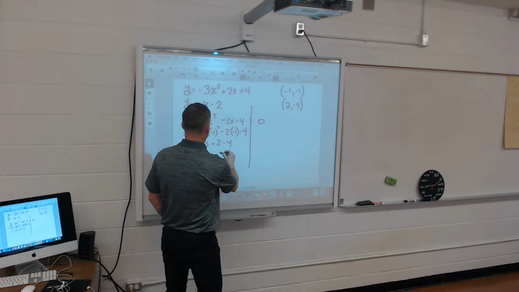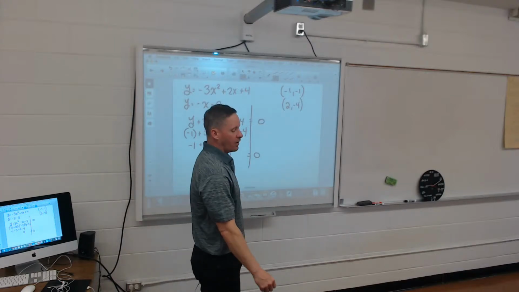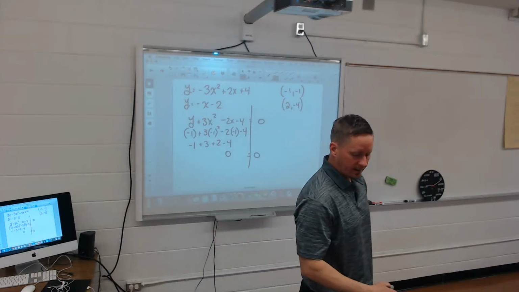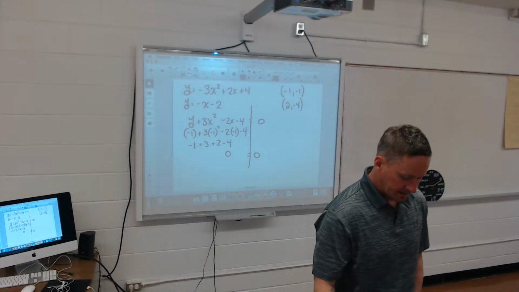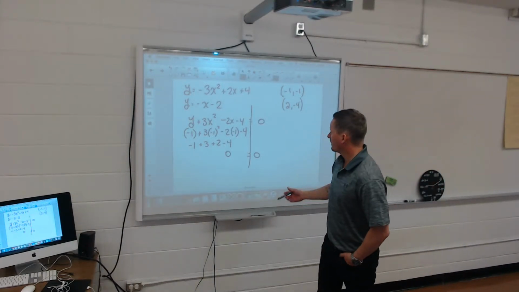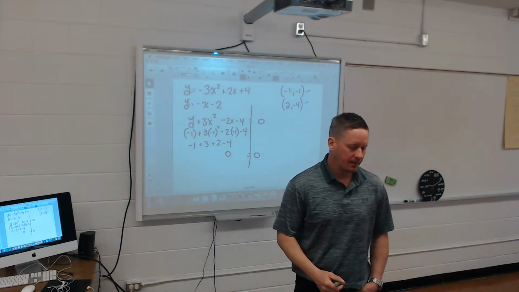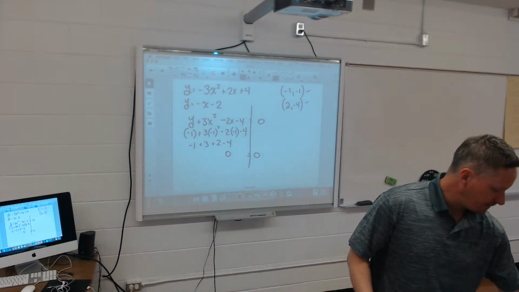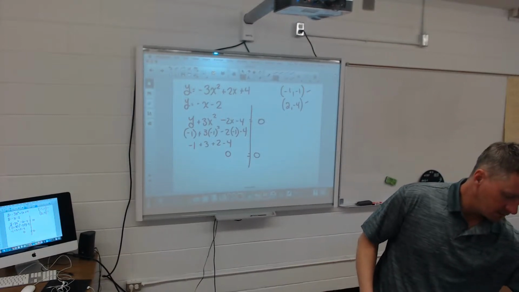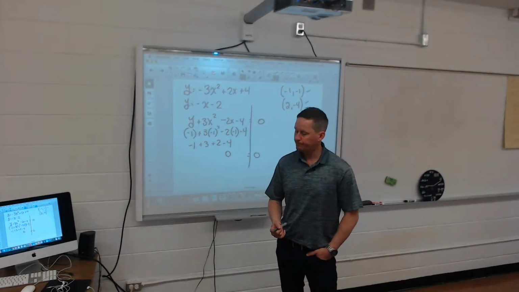So I would end up with 0 equals 0. So I know it works for negative 1 and negative 1. I would do the same for 2 and negative 4, to find out if both of them work. And because I graphed them using technology, it's going to work. We know that's going to work for us.